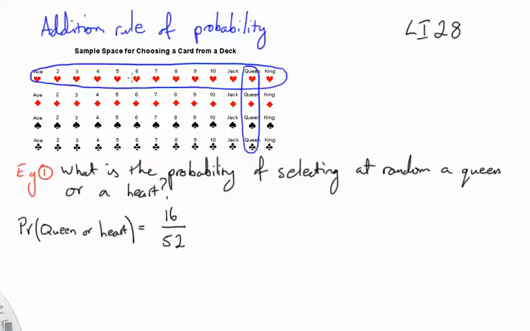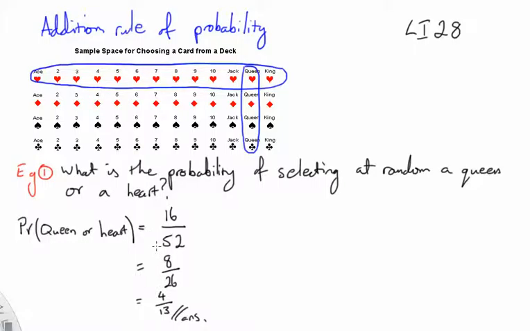So there are 16 favorable outcomes, 16 outcomes that satisfy being a queen or a heart, and there are 52 cards in a standard deck. Well, we can simplify that. Let's half both numbers. That becomes 8 on 26. Let's half both again. We get 4 on 13. So that's one way to do it. That's the probability of getting a queen or a heart. It's 4 on 13.